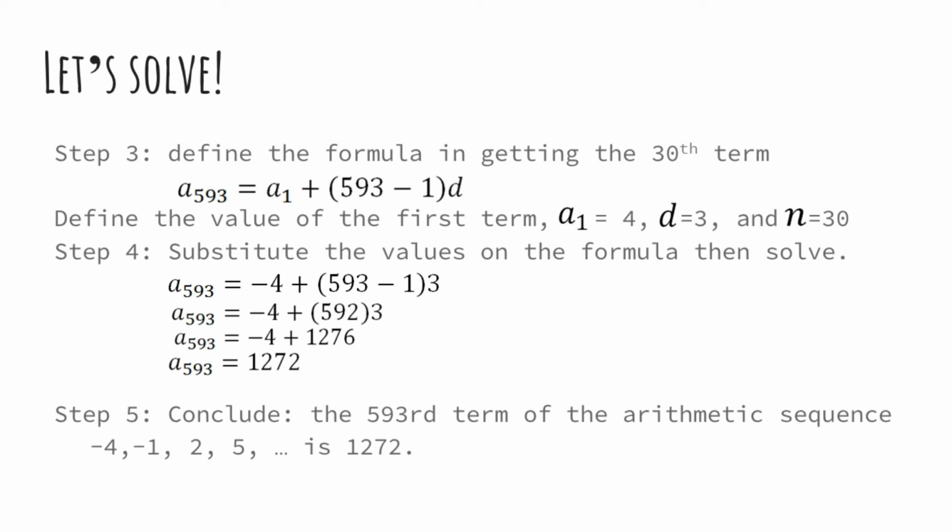So let's define the values. The value of n here is 593. Substituting all the values of a sub n, a sub 1, n, and d, we now have our step 4.